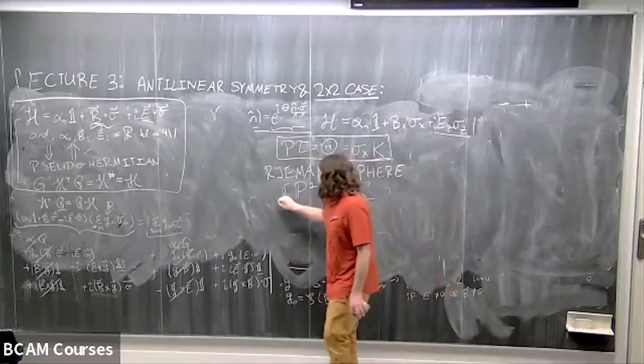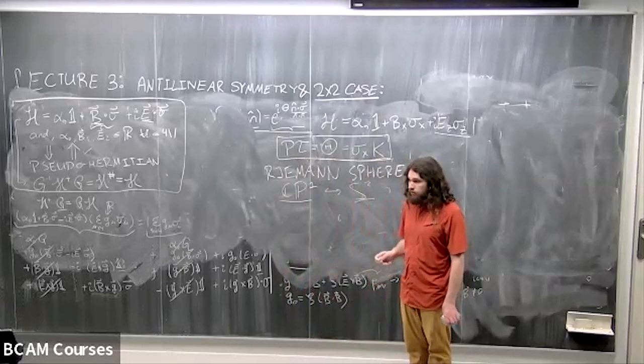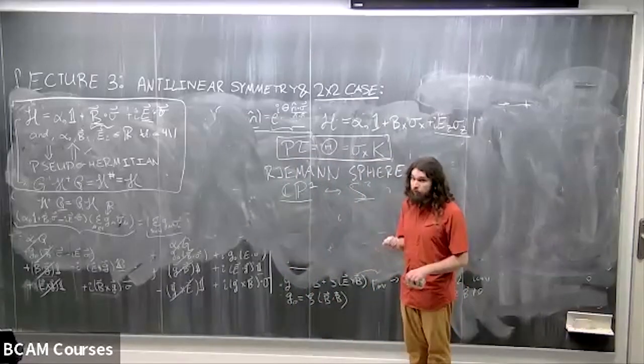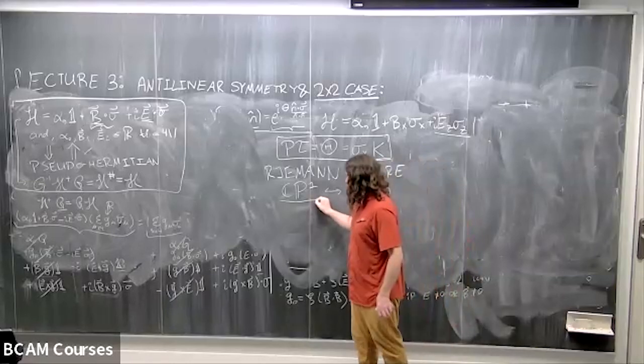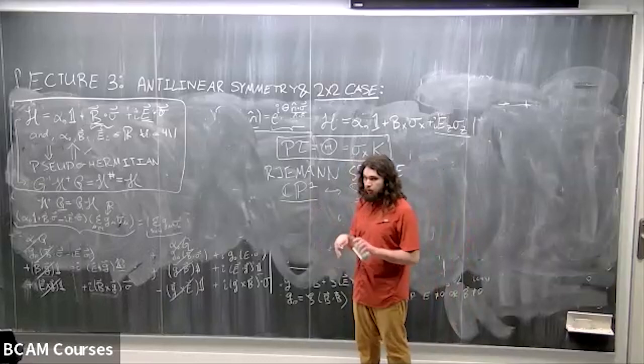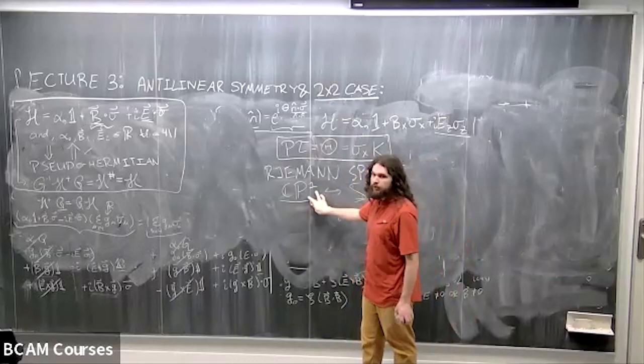The complex projective line, what is that? In some sense, you can imagine it as the set of all one-dimensional spaces that exist inside a two-dimensional complex space. If you want to talk about a one-dimensional eigenspace of this guy, it's natural to represent it as an element of CP1.